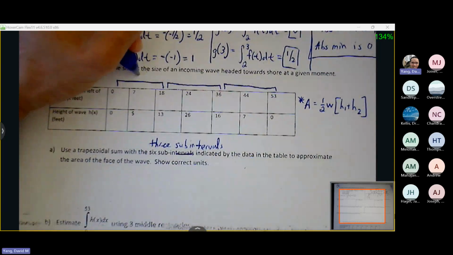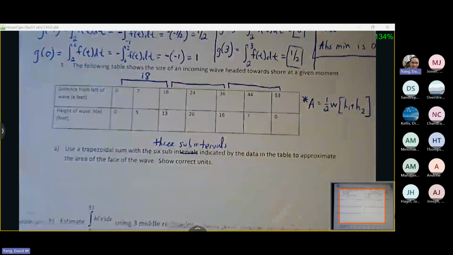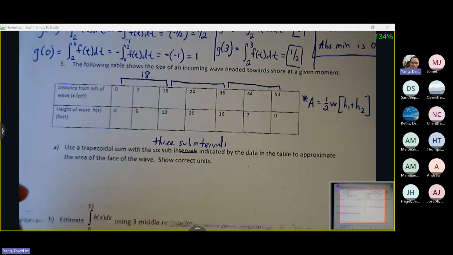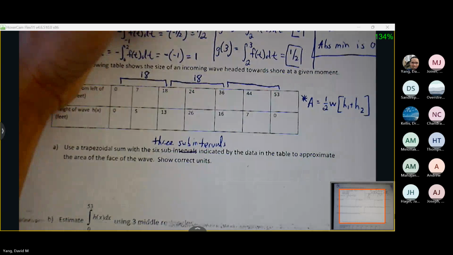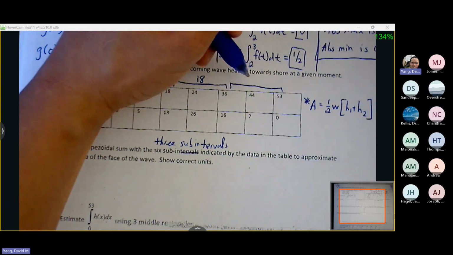The width is subtracting where those intervals are starting and ending. So 18 minus 0 is 18. 36 minus 18 is also 18. 53.